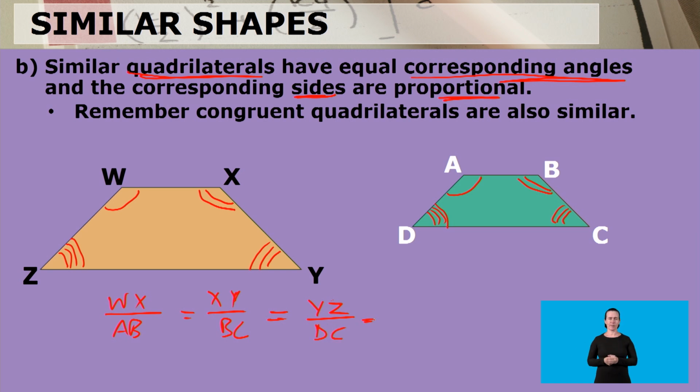Remember, we're looking for a ratio that would be equal, and then the last one would be side WZ is proportional to side DA.